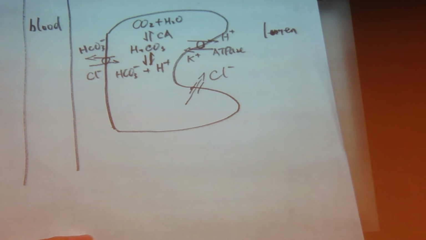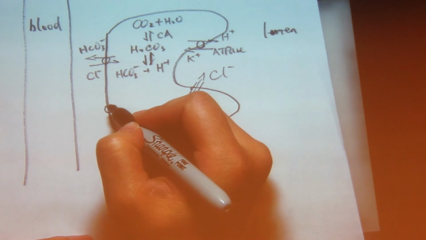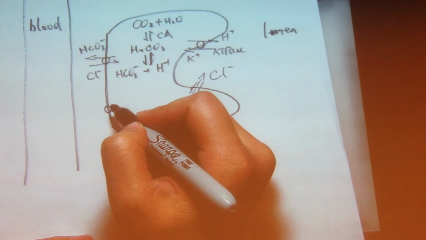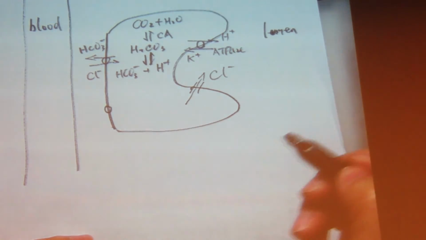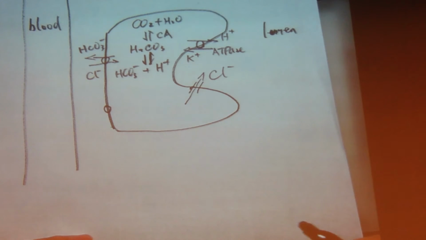There's another one that I'm asking people all the time: on every single cell you have this sodium potassium ATPase. Where do you find those? In the basolateral side or in the lumen side? Basolateral side. Why?